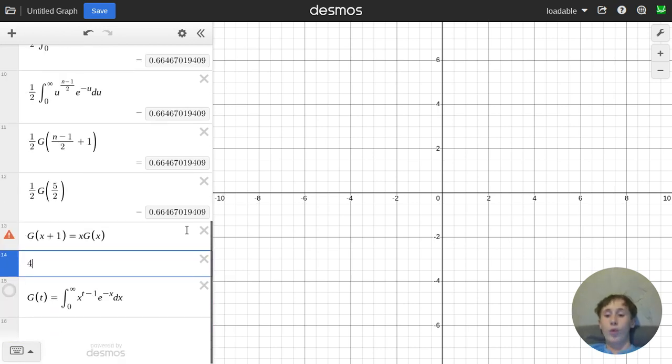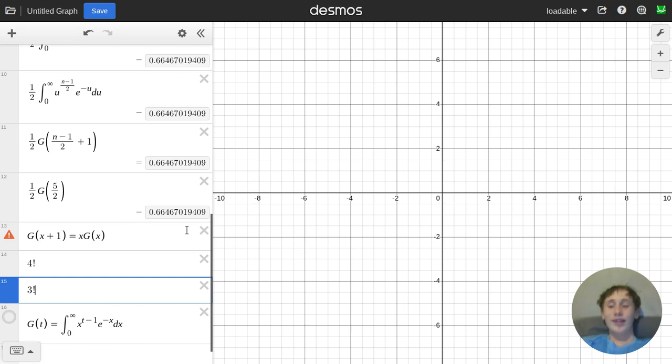So, 4 factorial is equal to 24, and 3 factorial is equal to 6, and then 6 times 4 is 24, right? So with every step you go, you just multiply by that number.